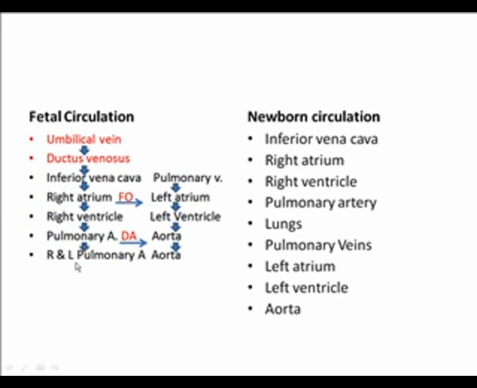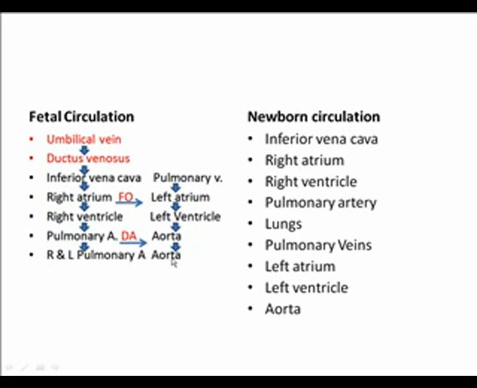A little bit will go to the pulmonary artery. The other pathway that can be followed is blood from the ductus venosus can go to the inferior vena cava in the right atrium, and then, as we said in a previous lecture, go across the foramen ovale to the left atrium, the left ventricle, and out the aorta.